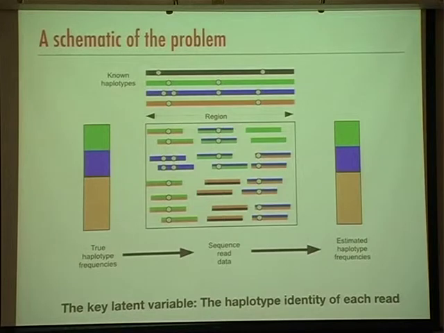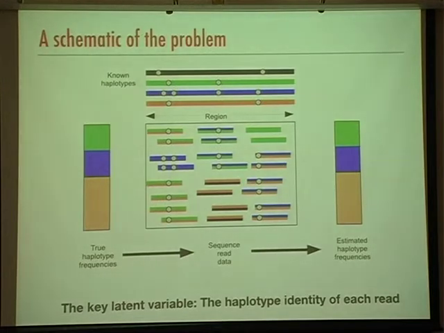But we can do better, and we can do better if we know one thing, which is if we could know what the haplotype identity of each read is, then it would be a simple counting exercise, right? So if you told me that this is definitively from green, then I could count them up and move forward.